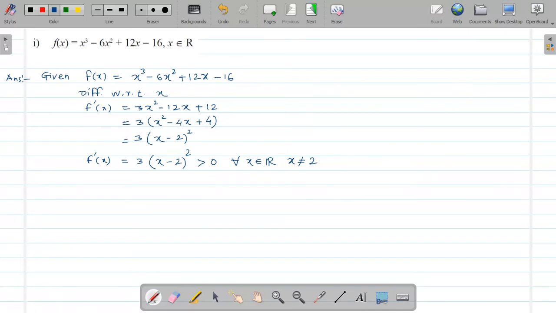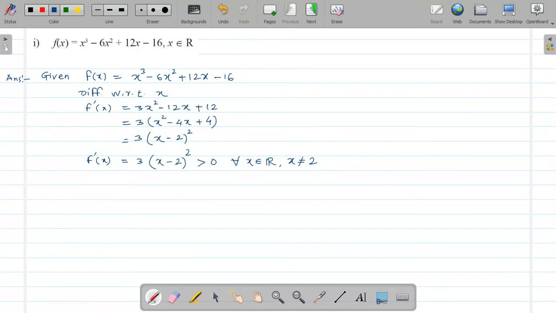But overall, for all x belongs to R, x minus 2 bracket square is always positive. So we have to mention that particularly for all x belongs to R where x is not equal to 2, because if you put x equal to 2 here, then you will get 0, which is neither negative nor positive, but you can say that this function is increasing.